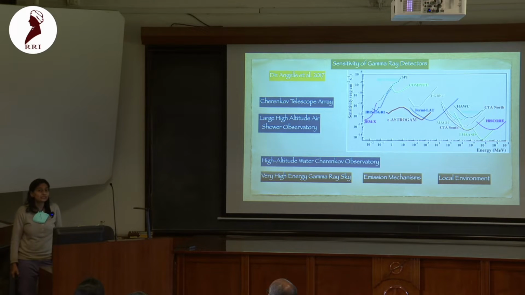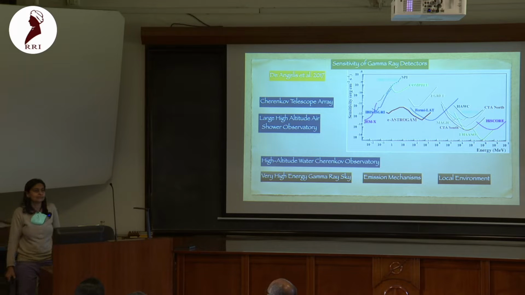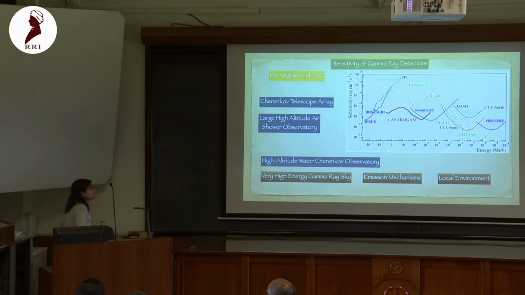Most of these sources are within our galaxy. Before the last couple of years, we never knew that 100 TeV gamma ray sources would be detected within our galaxy. So it is so surprising, and people are trying to model those sources.